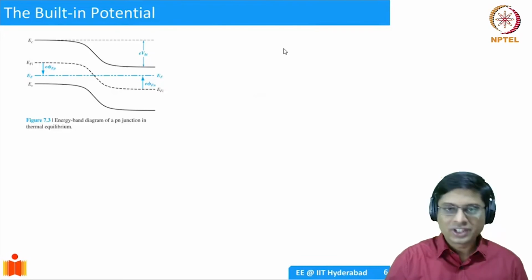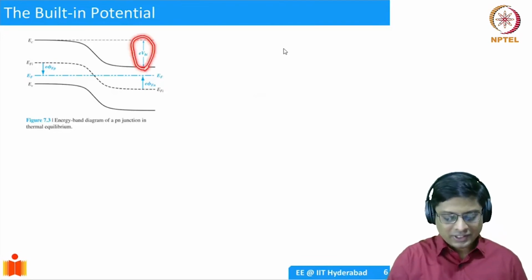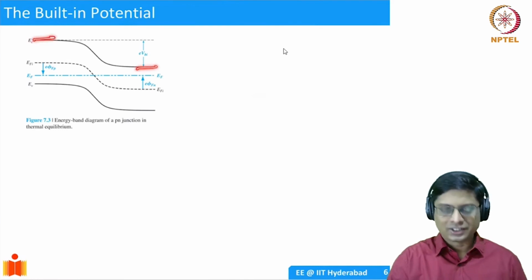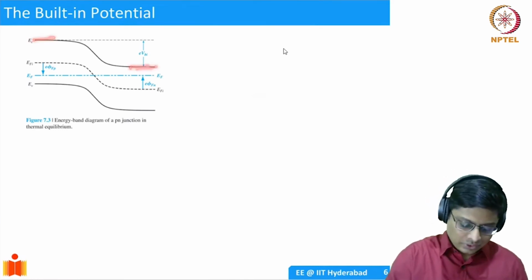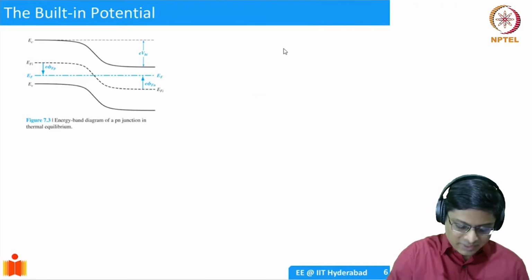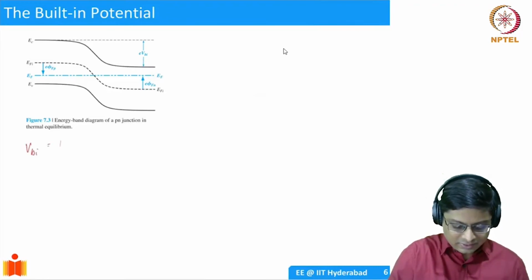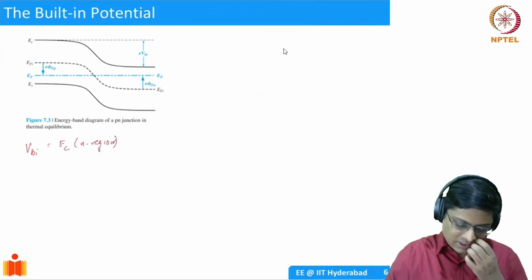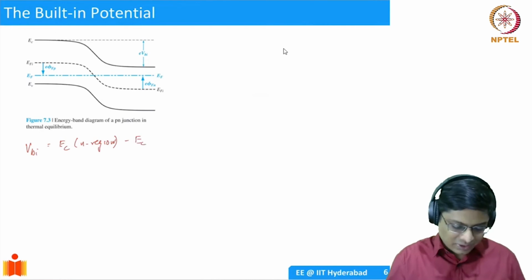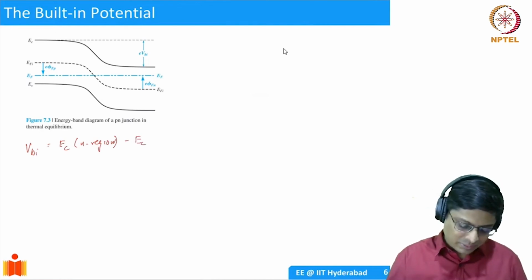The built-in potential is defined as simply the difference in EC in the P-type region and N-type region. So VBI is simply going to be EC in the N region minus EC in the P region. You take it as positive.